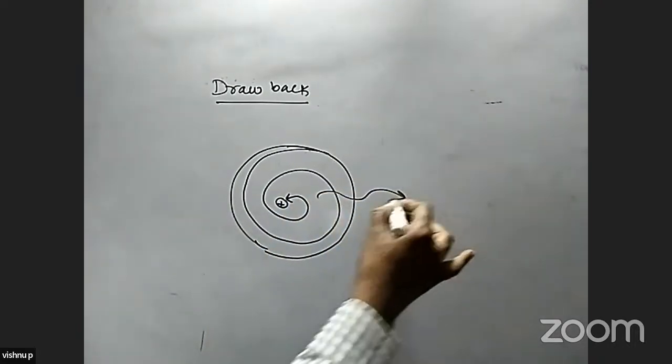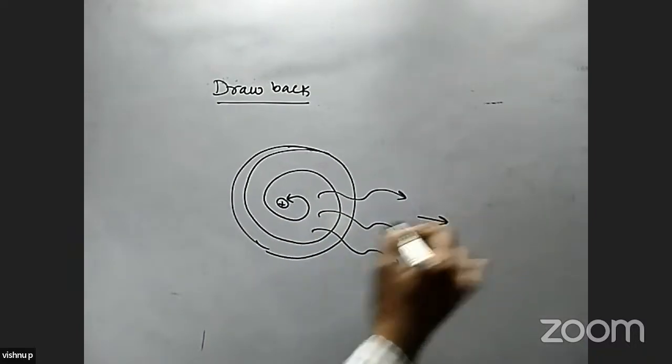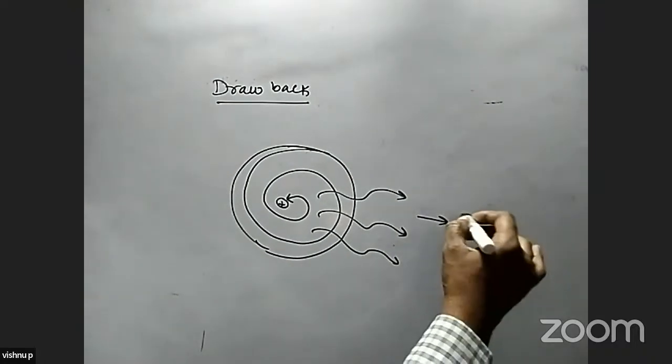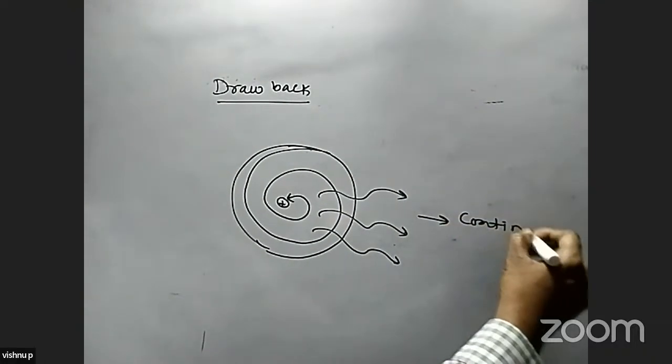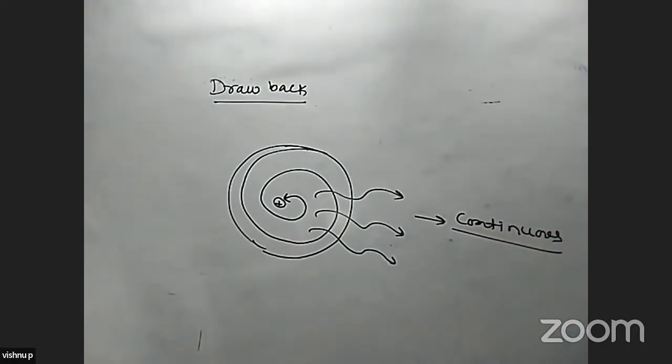In this process, the energy evolved is continuous, and when this continuous energy is recorded on a photographic plate, the spectrum should be continuous in nature, but the actual spectrum obtained is discontinuous. This is the first drawback.